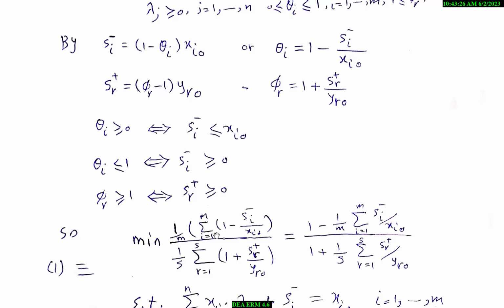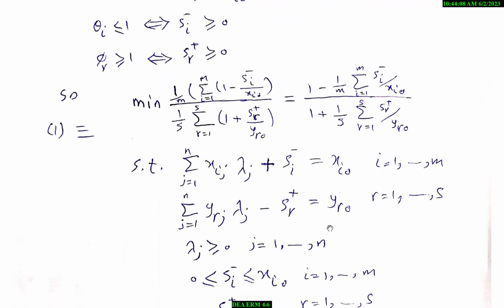This is summation of 1, m times, so it is m by 1 over m, it is equal to 1, and the other one is 1 over m by summation of si minus over xio, of course with a negative sign here, so the numerator becomes this, and similarly the denominator is equivalent to this. As you see, this is the objective function of the SBM model.